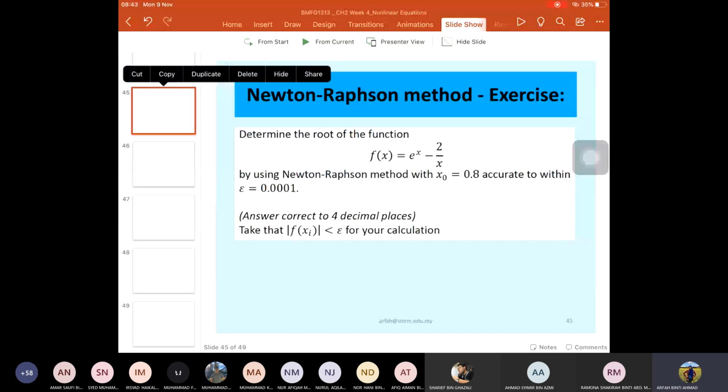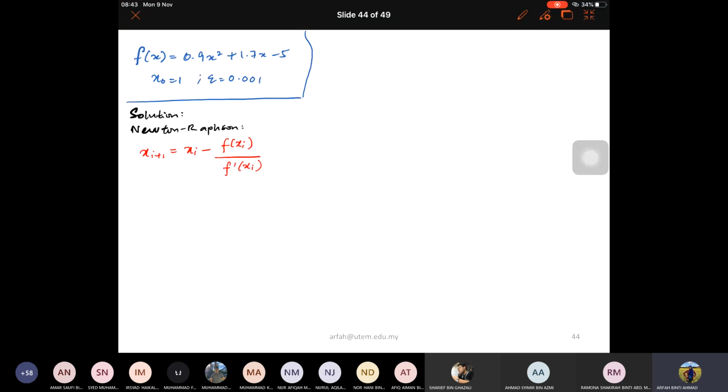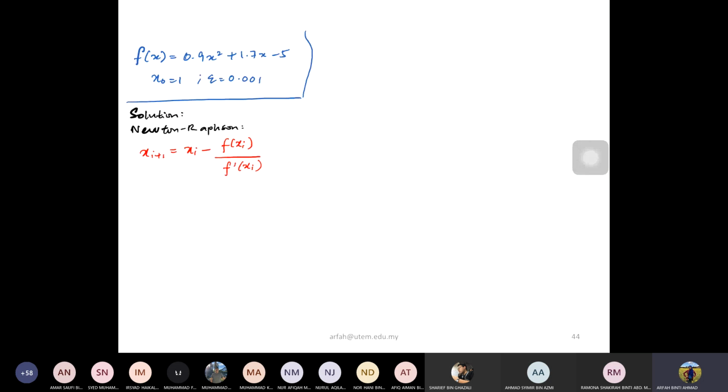So we will get the solution by the Newton-Raphson method. So from here, this is the formula and awak punya f of x akan sama dengan 0.9 x squared tambah 1.7 x tolak 5. Okay.